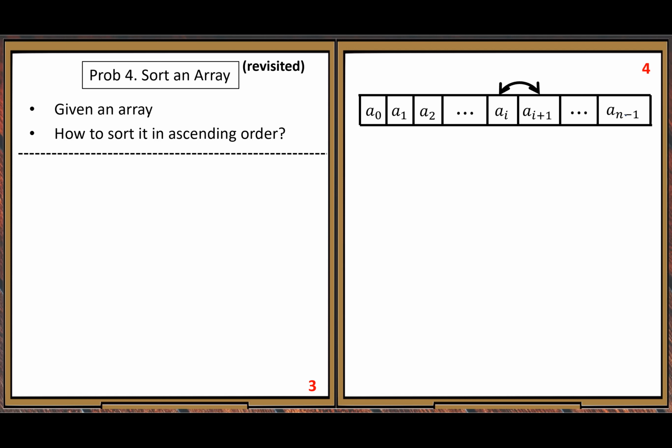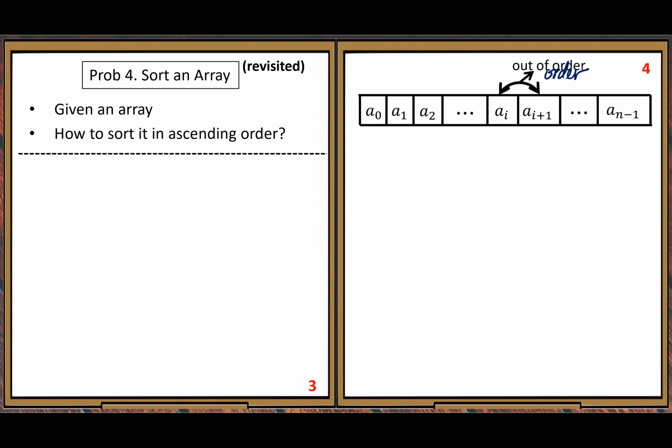Order means ascending order. Our default meaning is ascending order, not descending. If you refer to descending, you have to say descending, but for ascending we just say order.